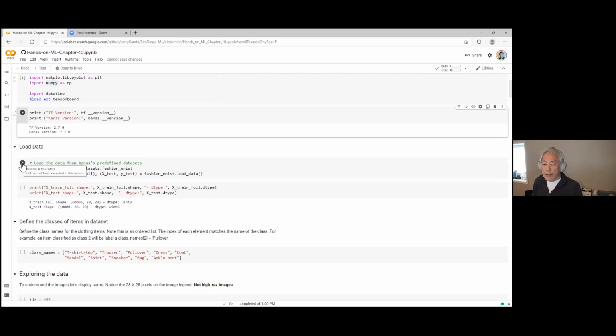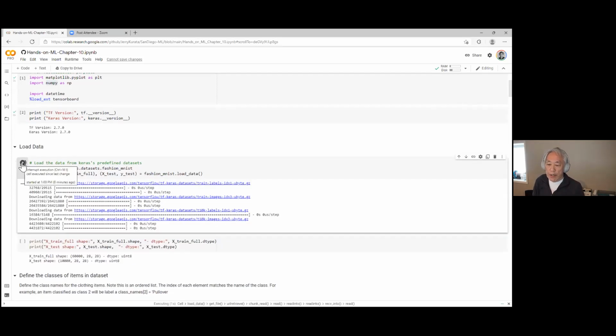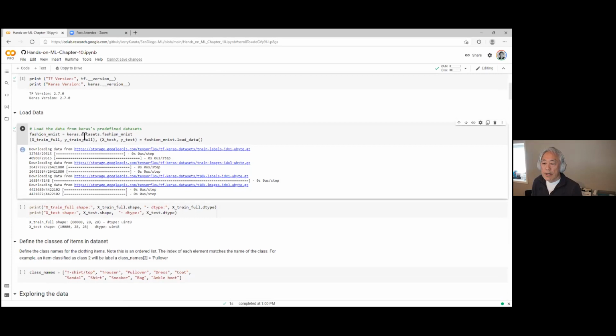And we're going to load our data. Let's go ahead and load our data here. How are we doing time-wise? Oh, we're good. We pull it in, and if you notice, Keras has a lot of these datasets, including the Fashion MNIST there. So we did a load_data, and it dumped the training subset, 60,000 in that, and the testing subset, 10,000 entries.